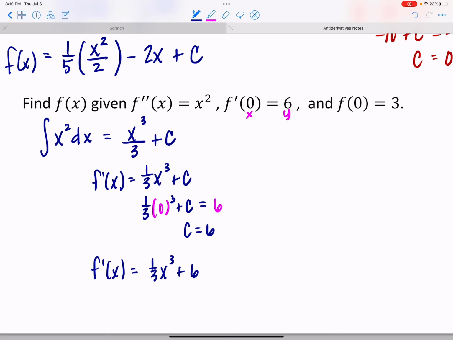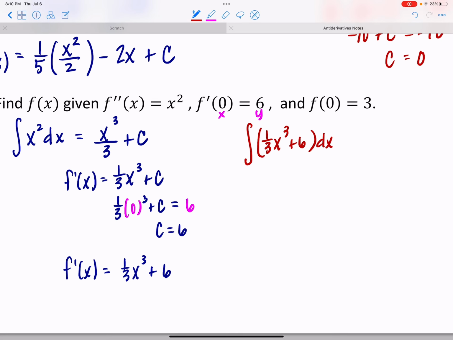Now if I take the antiderivative of the first derivative, I'll get to my original function. So now I'm going to integrate 1/3 x cubed plus 6. And I'm going to separate this out.